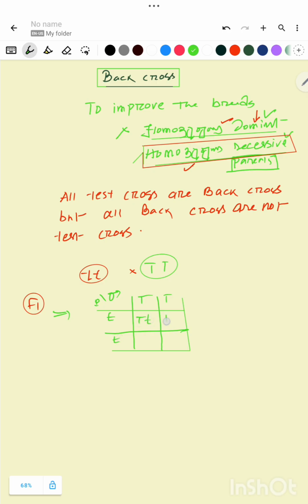You have noticed that all the offspring are tall. So this is an improvement of the breed: a dwarf plant became a tall plant. The concept of the backcross is to improve the breeds or to obtain desired traits. You are designing the traits to have tall in all the offspring.